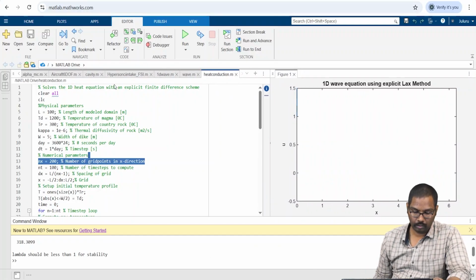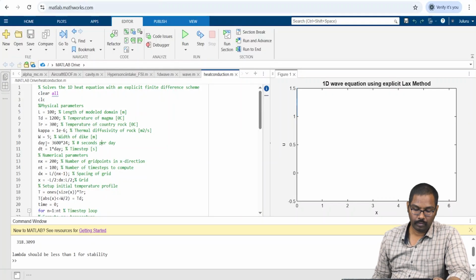That dike is magma, which is at 1200 degrees centigrade, and the two rocks are at 300 degrees centigrade. So in between the rocks we have the magma. The thermal diffusivity of the rock is 1e-6 and the width of the dike is 5. So we would like to know the heat transfer in this medium for 1 day, that is 3600 seconds times 24 hours.